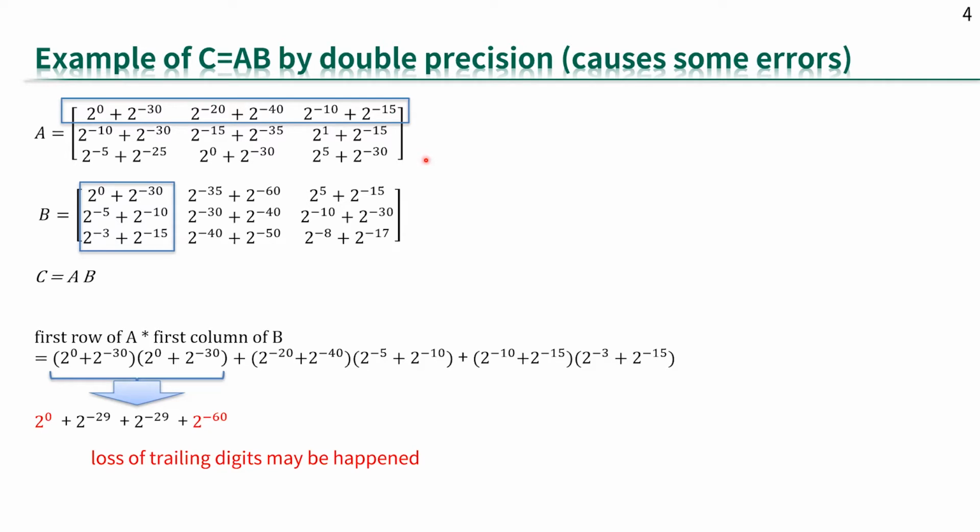This slide shows the example of C equal A times B by double precision, which may cause some errors. If elements of matrix A and matrix B have these elements, the first row of A times the first column of B is calculated in this way. Then, loss of trailing digits may happen.